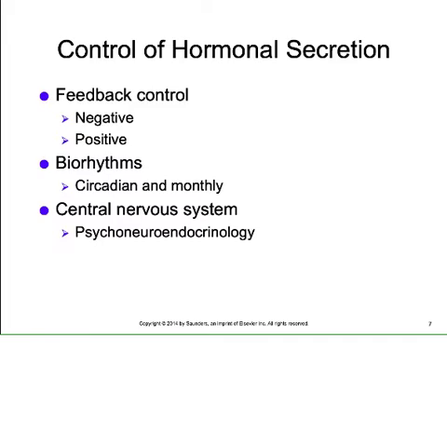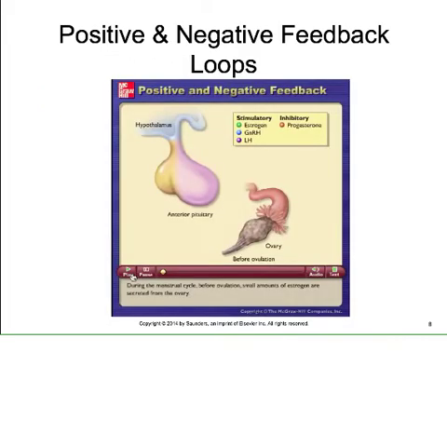The two places where the nervous system and the endocrine system intersect in the body directly are in the adrenal medulla and in the hypothalamus and the posterior pituitary gland. So what happens in the nervous system can definitely affect the way that the endocrine system functions. So let's take a look at positive and negative feedback.